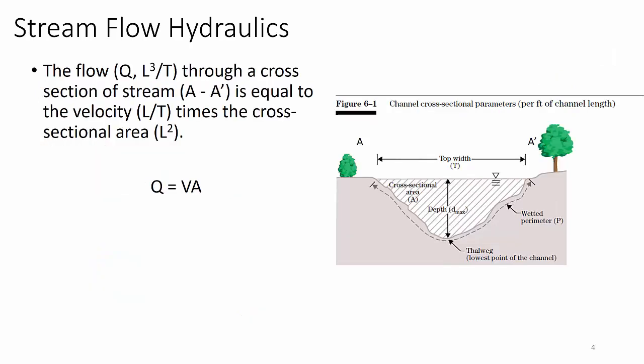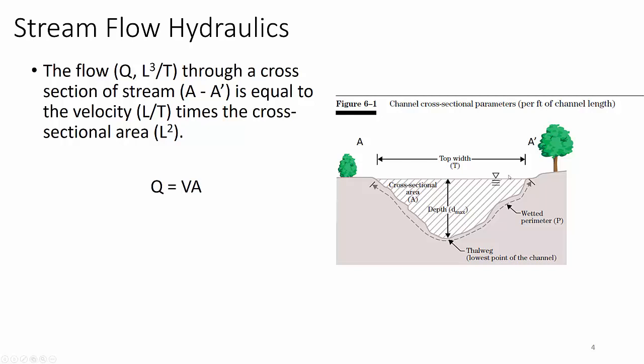Flow, which is Q, is measured in cubic or L3 over T, length cubed over time, which is cubic meters per second, or cubic feet per second, or cubic kilometers per day, through a cross section of stream, and we measure those looking downstream from the left bank to the right bank.